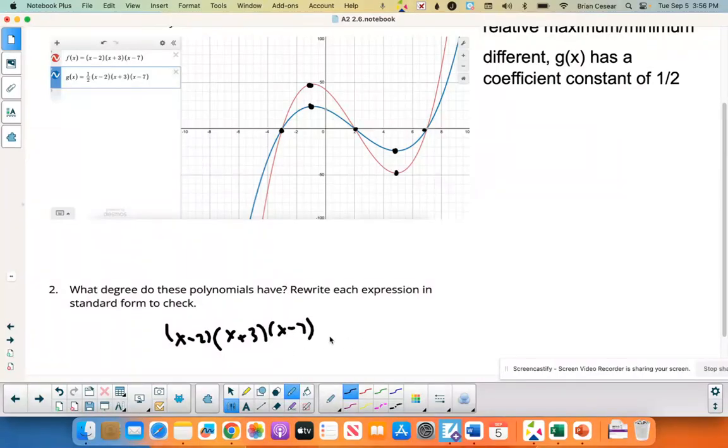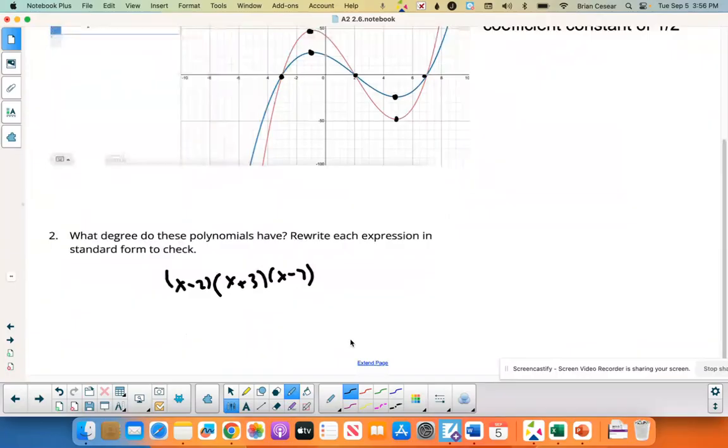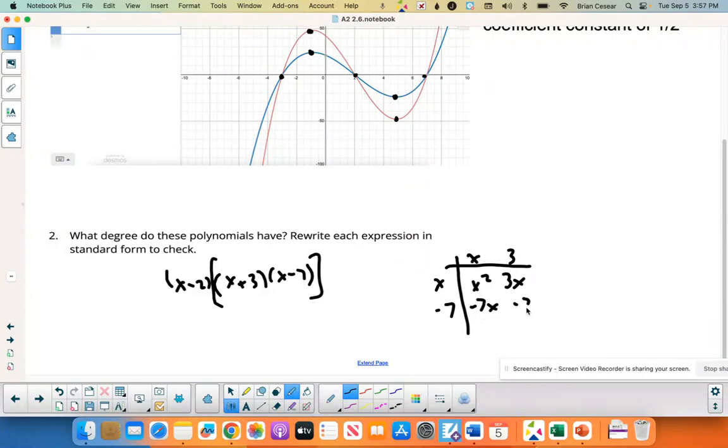We could do two boxes. What we could do is put the first two together, and when I make my box, I get x squared, 3x, negative 7x, negative 21. So this is going to become x squared minus 4x minus 21.